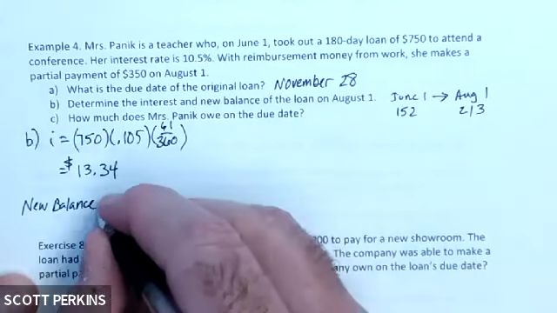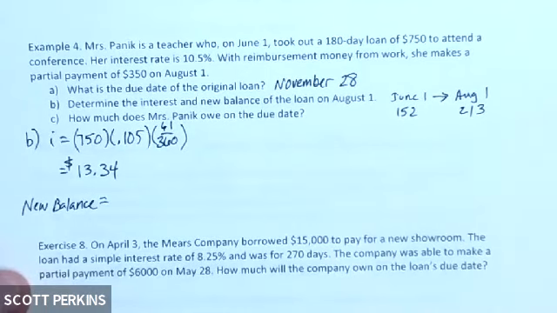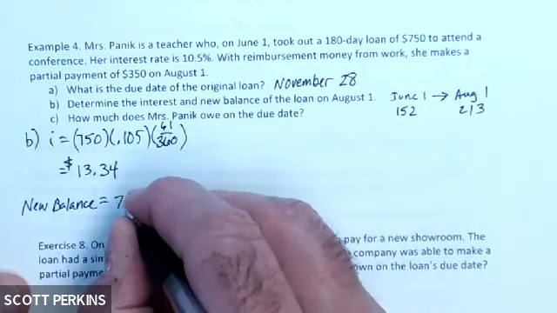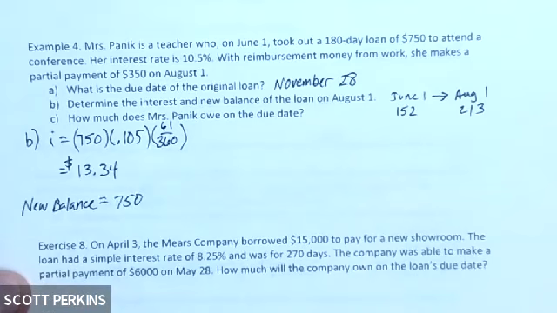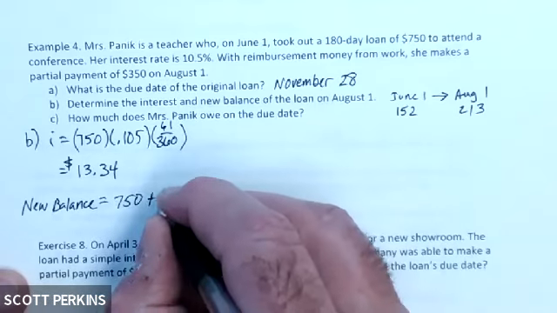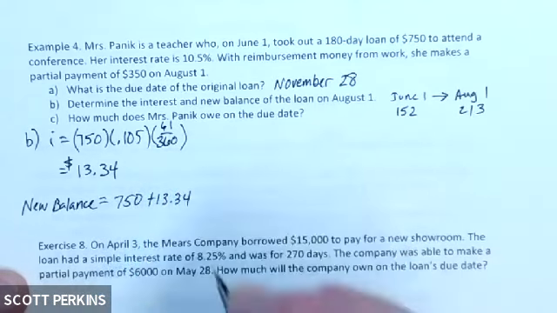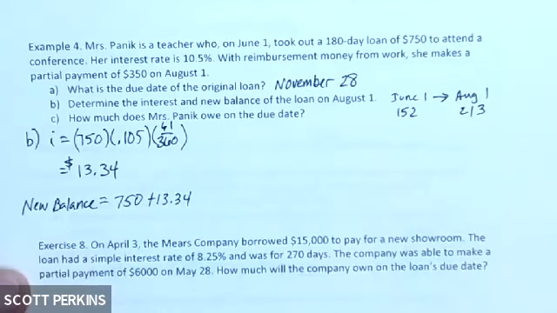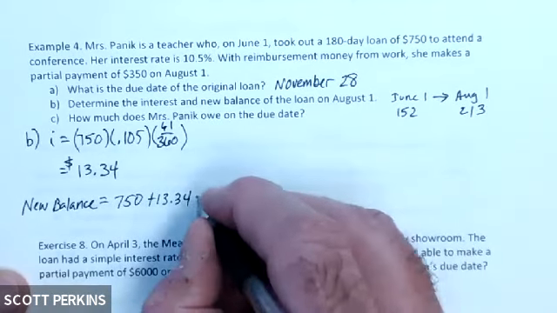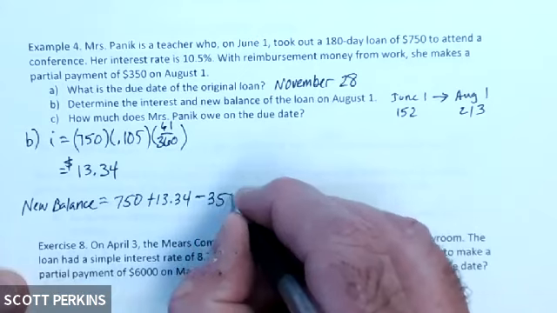So here's the new balance on August 1st. She borrowed $750. Then she accrued $13.34 of interest. And then she made a partial payment, so subtract $350.